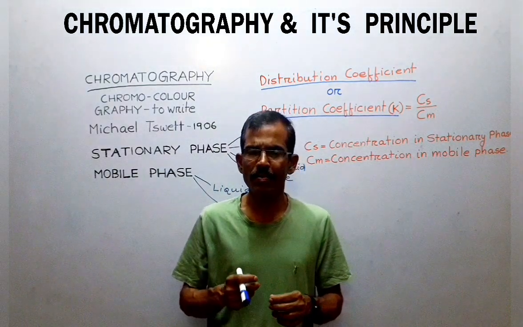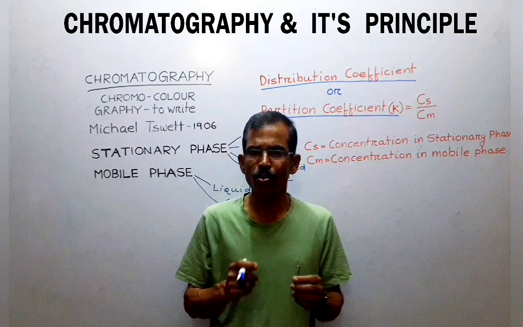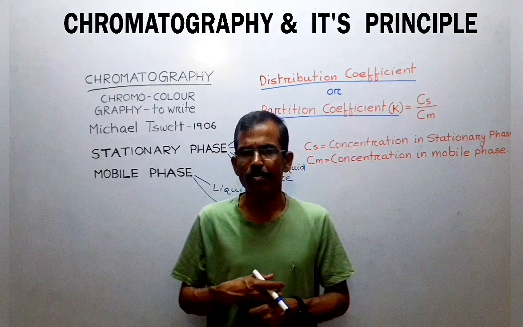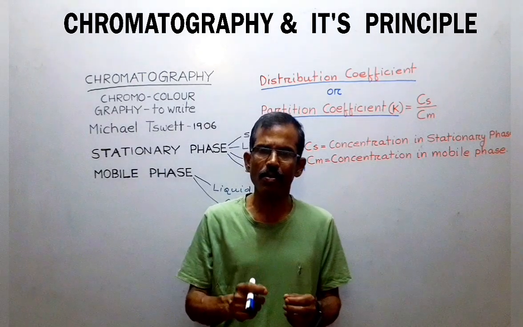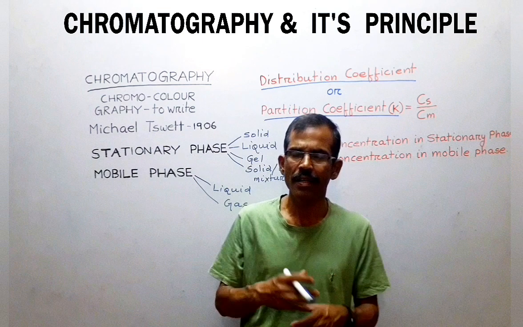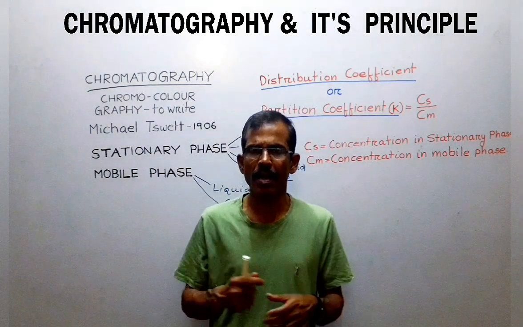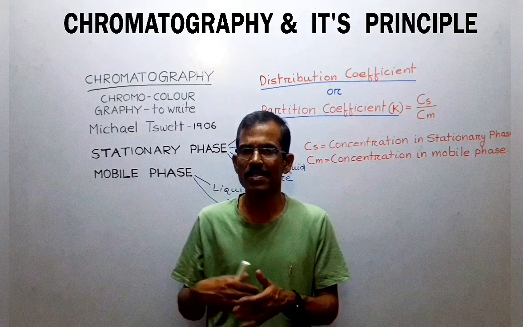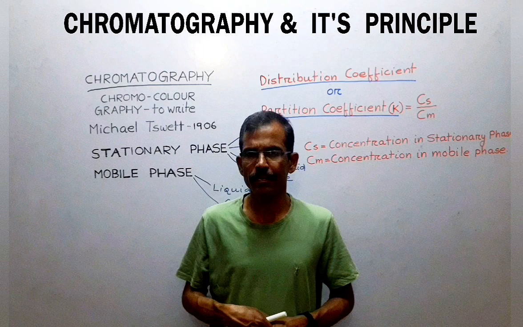For example, if the partition coefficient is 0.2 for a substance between a cellulose stationary phase and a carbon tetrachloride mobile phase, then the concentration of the solute in carbon tetrachloride is 5 times that present in the stationary phase.